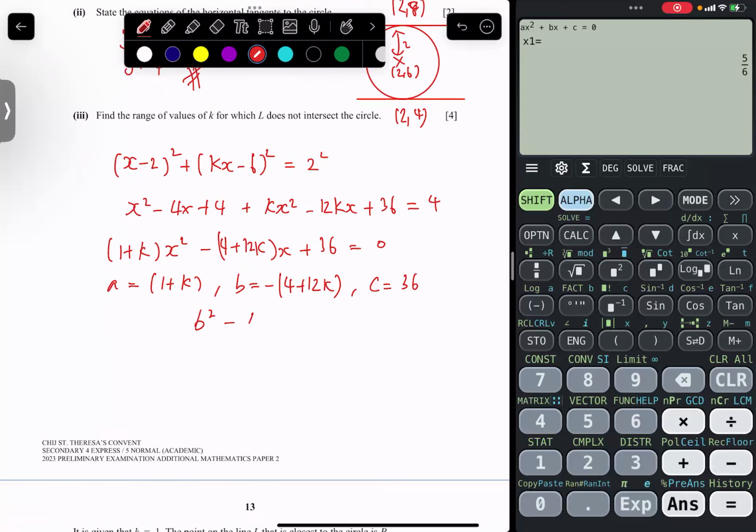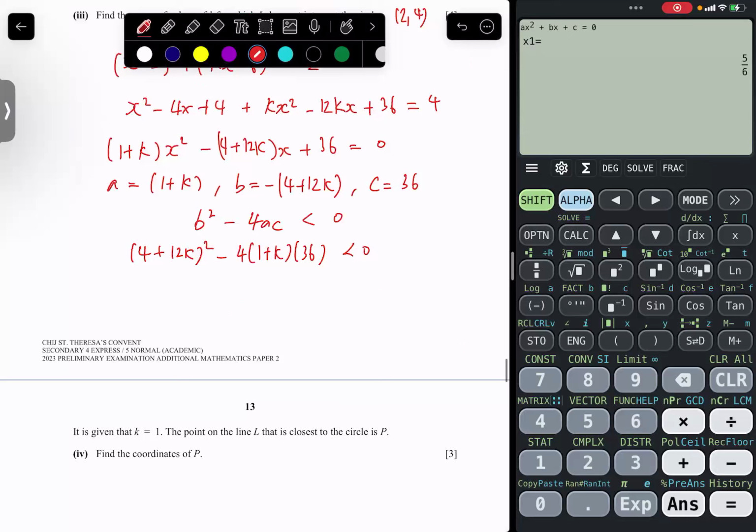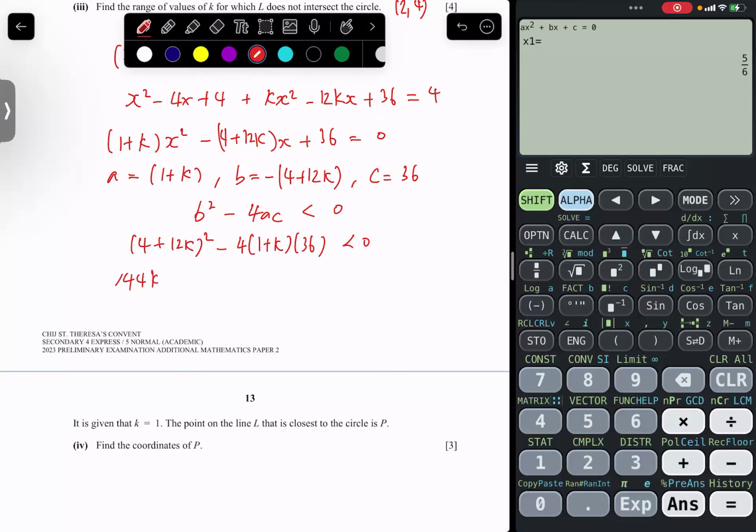b squared minus 4ac must be less than 0 because I don't want intersection. So (4 plus 12k) squared minus 4(1 plus k)(36) must be less than 0. 144k squared plus 96k plus 16 minus 144 minus 144k must be less than 0.